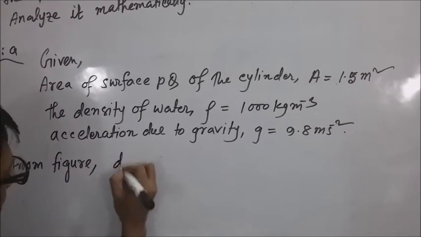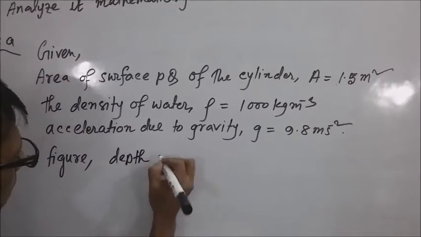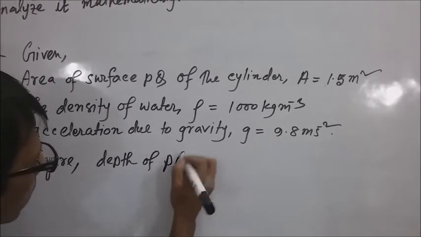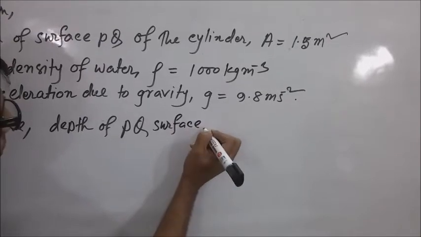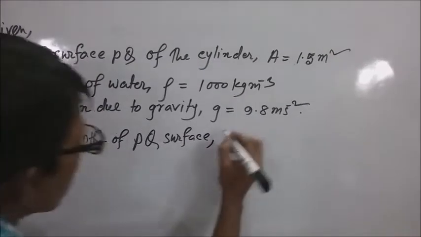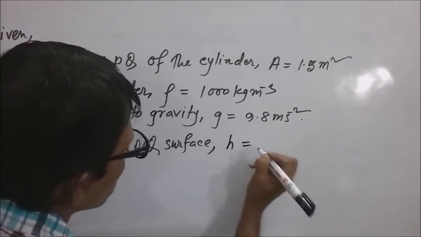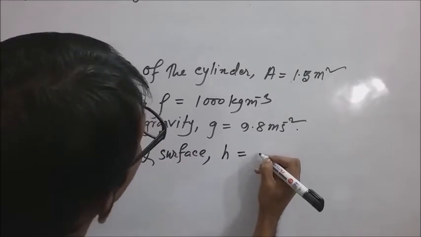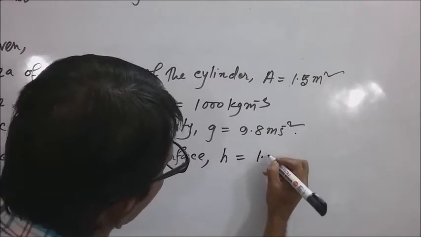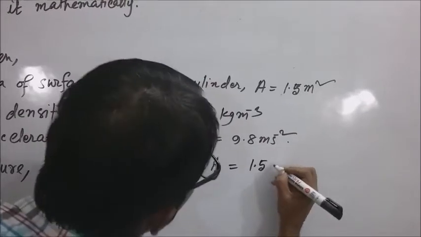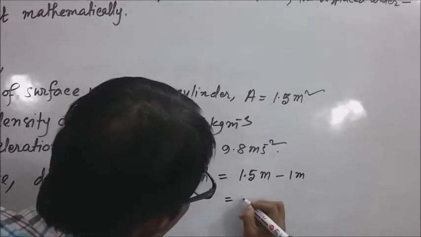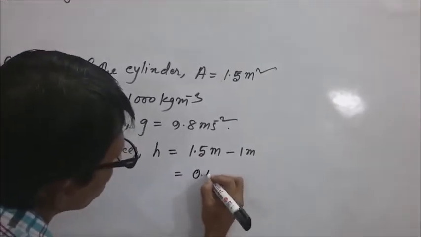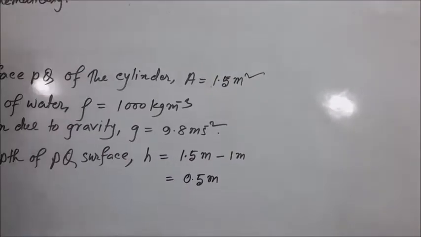depth of PQ surface is equal to 1.5 meter minus 1 meter equal to 0.5 meter.